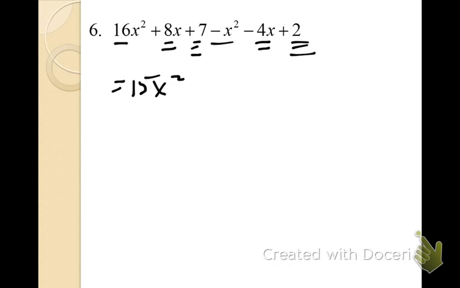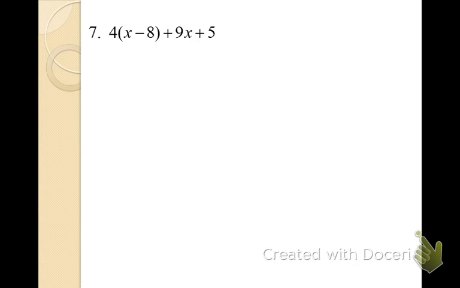And then the 8x and the negative 4x, we'll combine those. 8 plus a negative 4 gives you 4x. And then 7 and 2, add those two guys together and you get plus 9. And again, it's not an equation. We're not trying to solve anything. We just want to get it down to where we can't do anything anymore. And since none of these guys are like terms, we can't combine them. So we kind of stopped there.